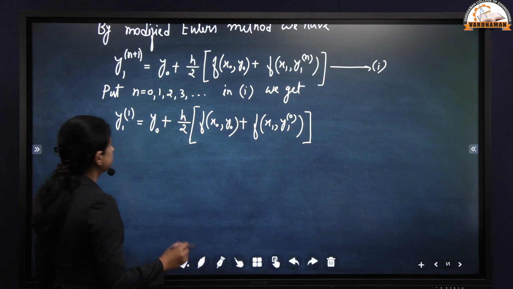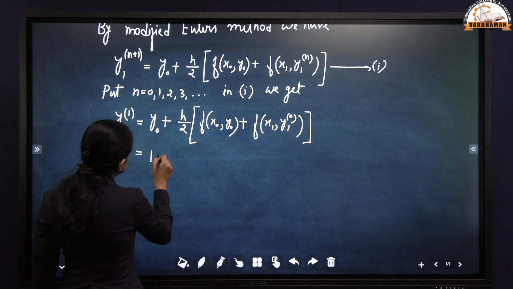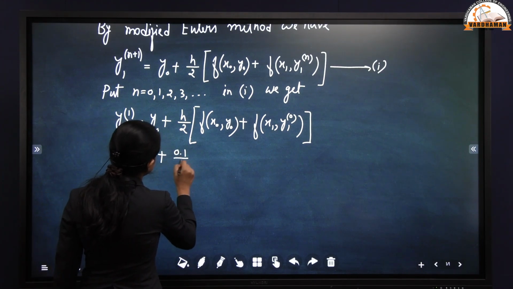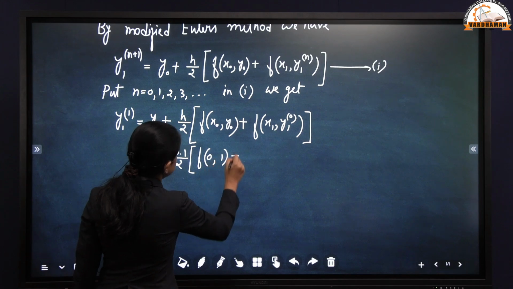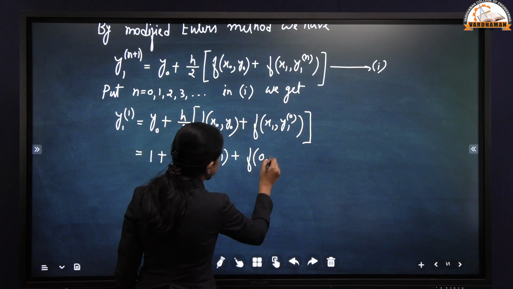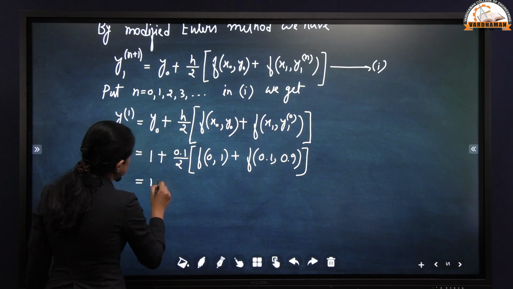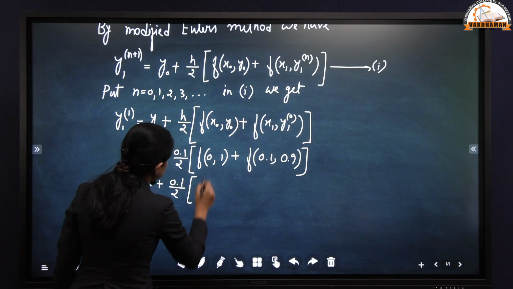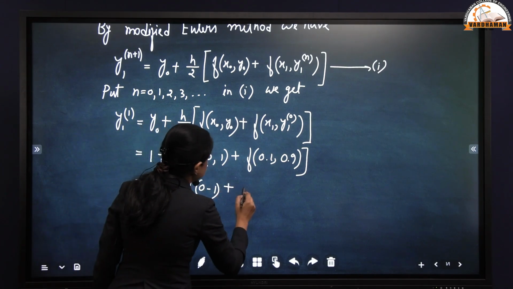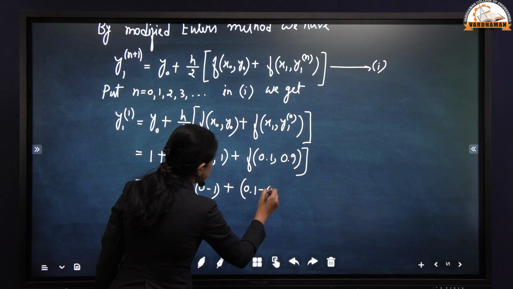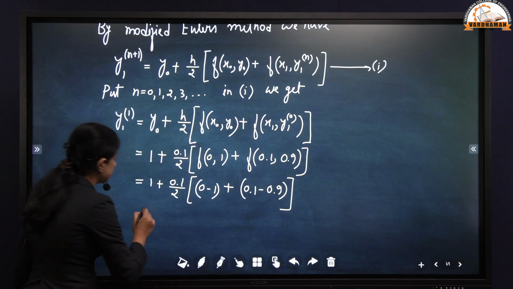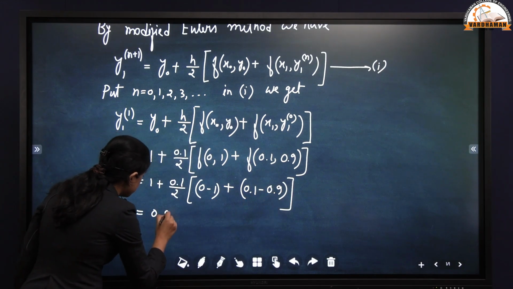Now let us substitute the values. y naught is 1 plus 0.1 by 2, f of 0 comma 1 plus f of x1 is 0.1 and y1 0 is 0.9. We get 1 plus 0.1 by 2 times 0 minus 1 plus 0.1 minus 0.9. If we compute this value, we will get 0.91.